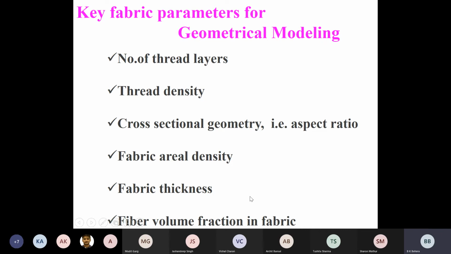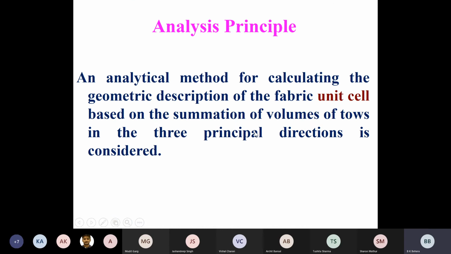So we are interested in these geometrical parameters of a 3D fabric. So what is the basic principle of measuring this geometry, or carrying out this geometrical model, to know these fabric parameters? The principle is written here.